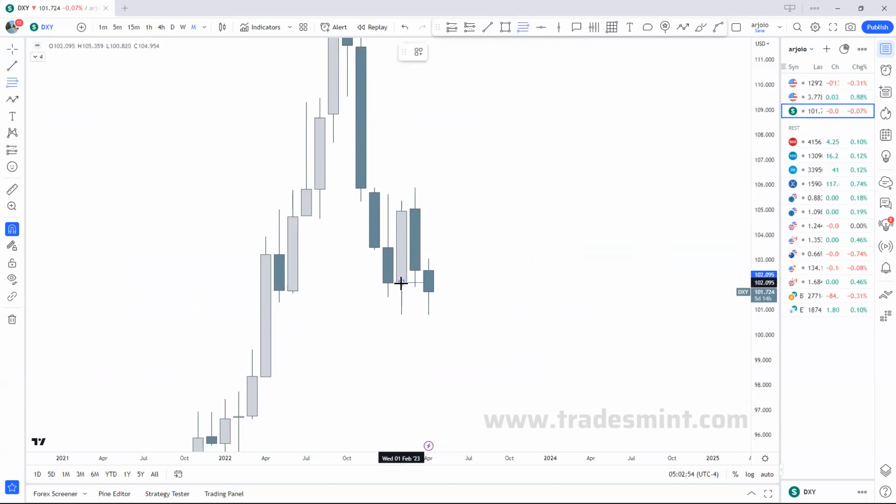What's our invalidation level? Mean threshold right here. If we close above mean threshold, and this is not closing on a daily basis above that level, this is closing on a monthly basis above that level. Because obviously 4 hour will likely close above that level.